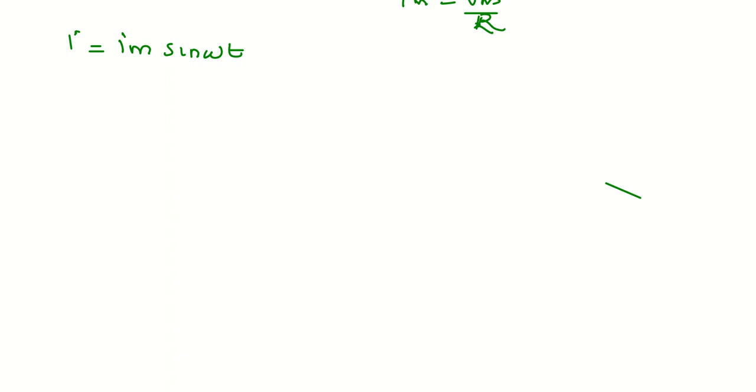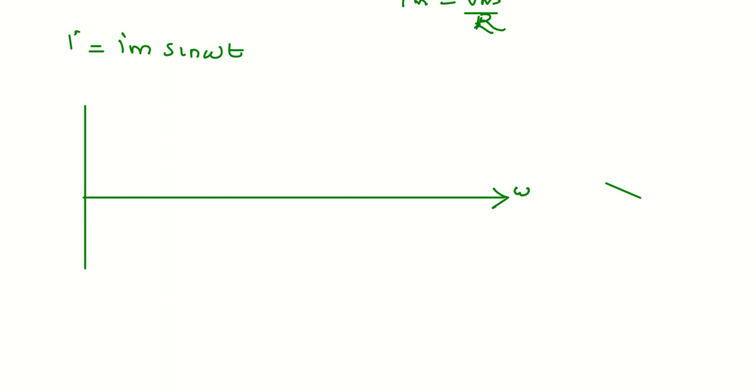So the graph of the voltage and current across a pure resistor versus omega t can be represented like this. Here omega t is the angle, we know that, and the graph is a sine wave, with this being the phase of it.